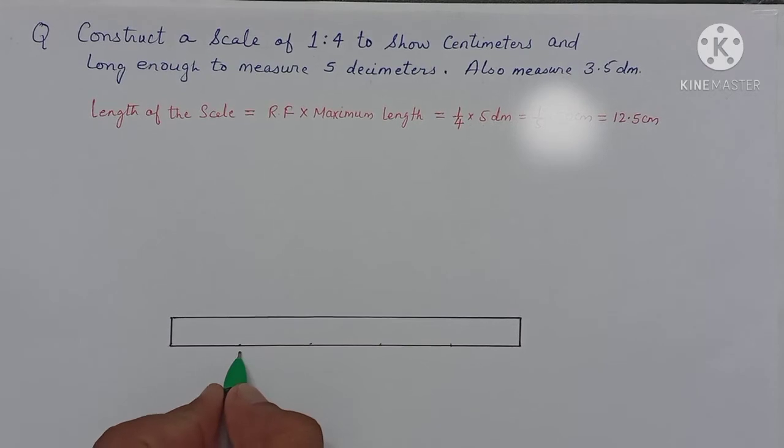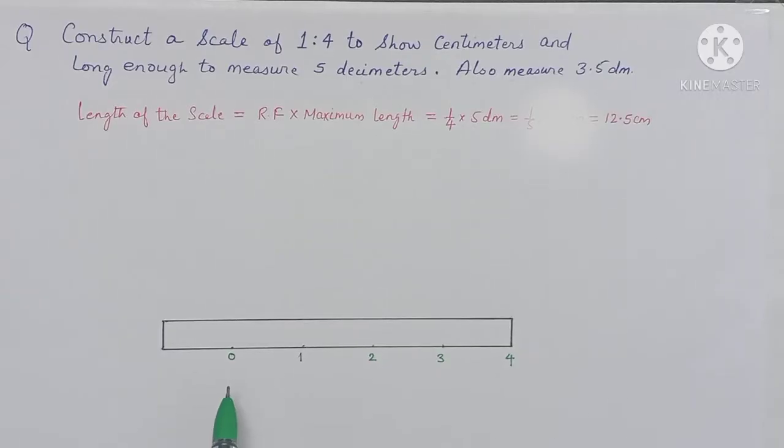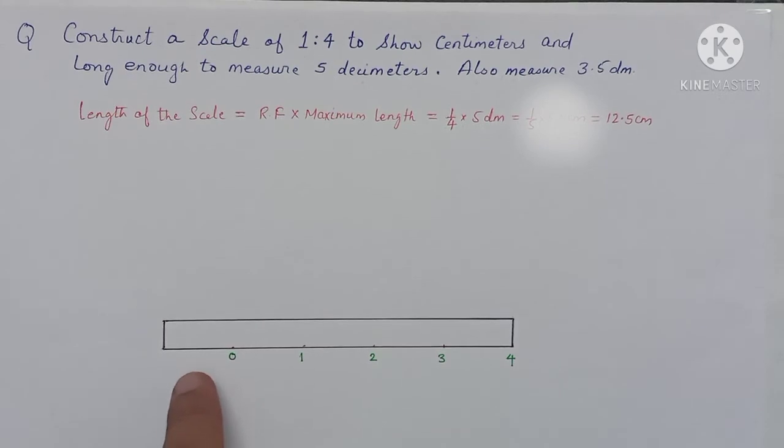Name these points. Mark 0 at the end of first division and 1, 2, 3, 4 at the end of each subsequent division to its right. Here the first part will represent centimeters and these 4 parts will represent decimeters.